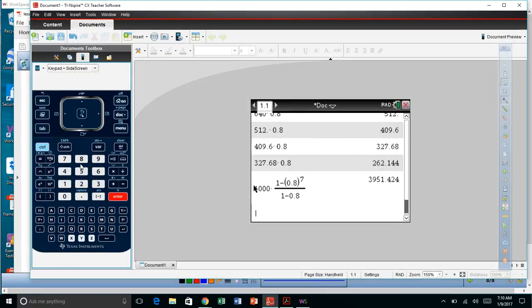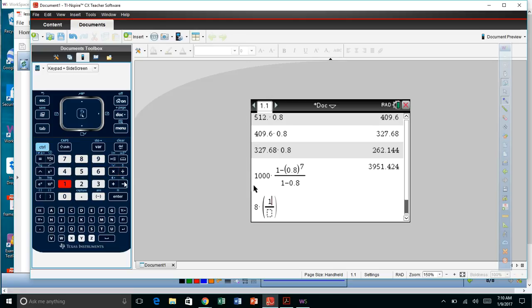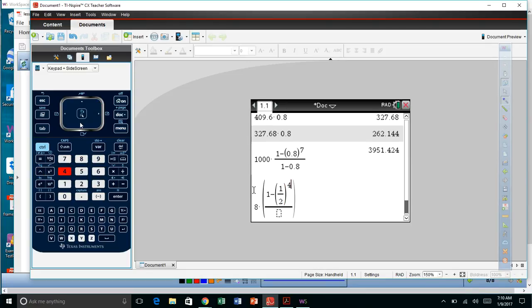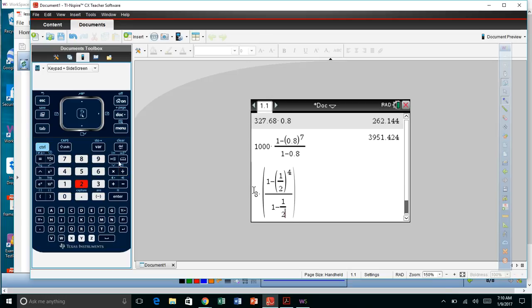We have 8 times 1 minus 1/2 caret 4 and 1 minus 1/2.